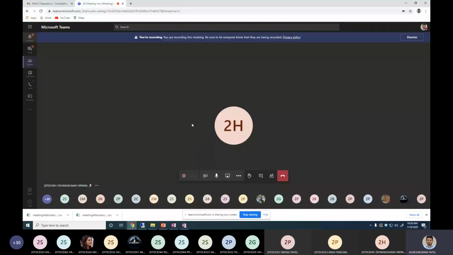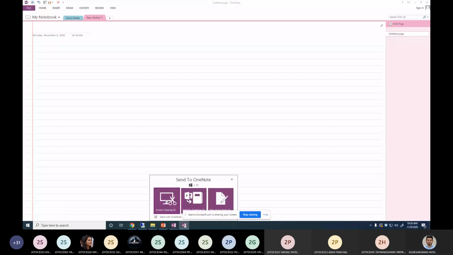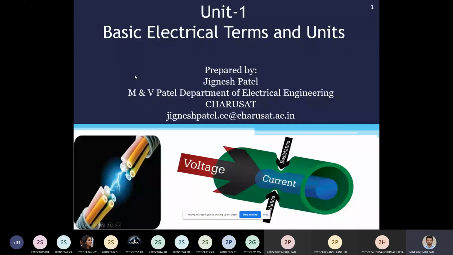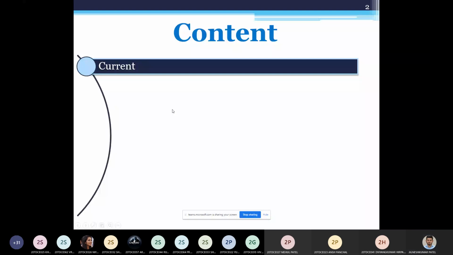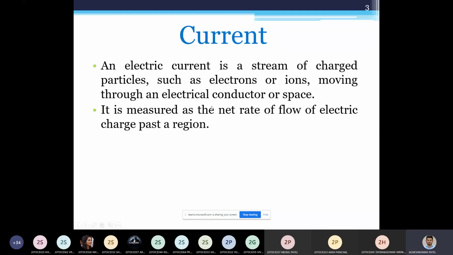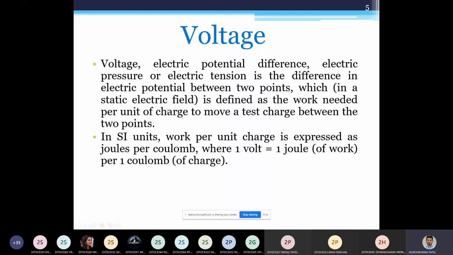Okay, so in the last lecture we studied the basic definitions of voltage, the basic definition of current, and what a resistor is.